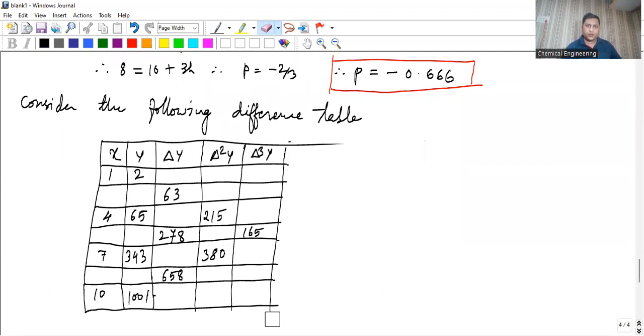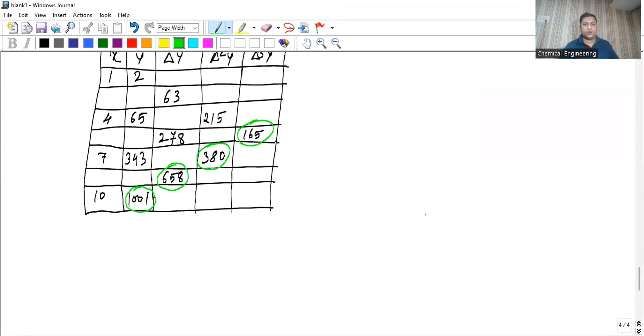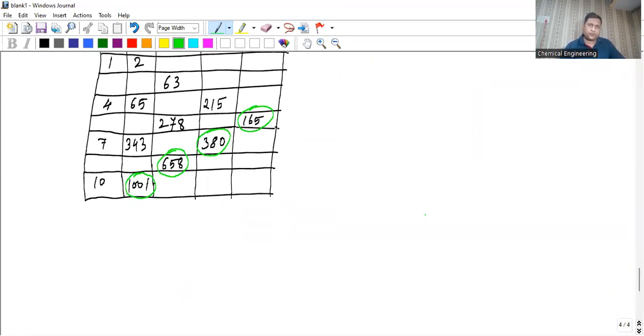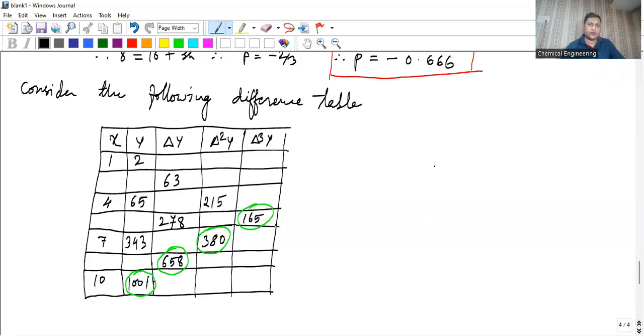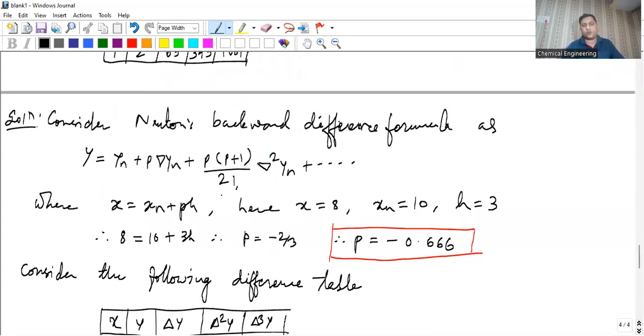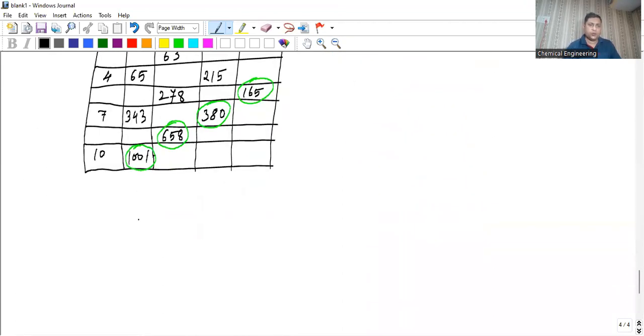Okay, so here we have to use the backward difference formula. And hence, what are the backward differences we have? This is yn, this is del yn, this is del square yn, and this is del cube yn. Okay, so we have these backward differences. Now we know the formula that we have. So using this formula we are able to find the value of y at x is equal to 8.